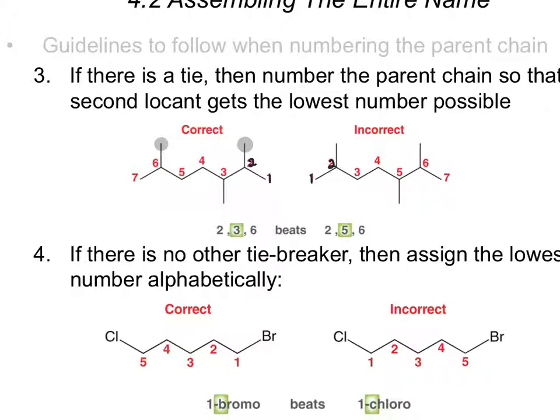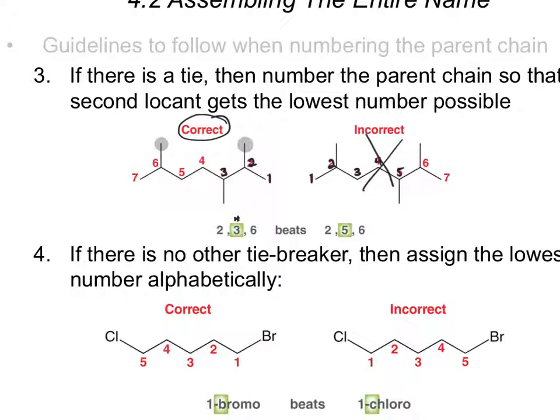At that point in time, we're going to move to the second substituent, right? And we're going to number it so that the second substituent gets the lowest number possible. So the point of difference here, our second substituent comes at the 3 position versus our second substituent coming at the 5 position, okay? So this is not correct. This is correct because, again, we want to give the second substituent the lowest number possible.